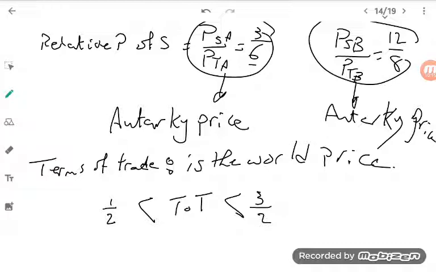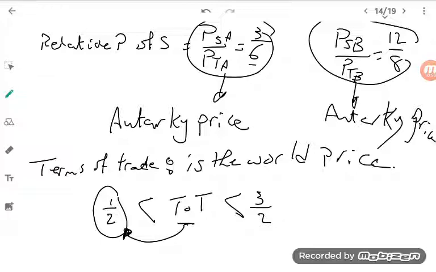Here in our example, let's focus on country A. From the figure and from calculation, we can denote that country A will specialize in the production of soybeans. So this is the price of soybeans. The price before trade in country A was low. After trade, the demand for the product is going to increase, so the price is going to be a little bit higher than the price in country A. What about country B? The price in country B is 3/2 or 1.5.